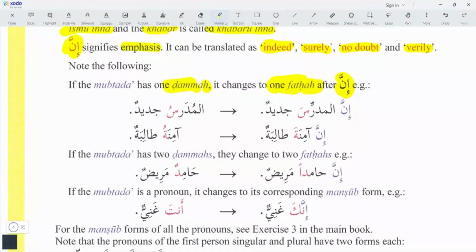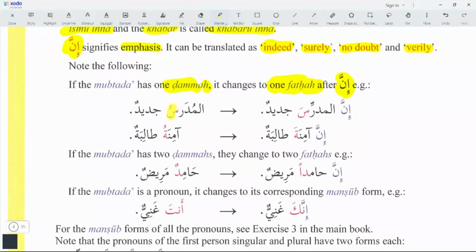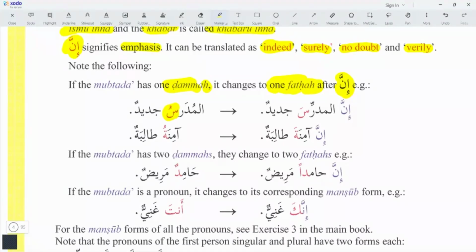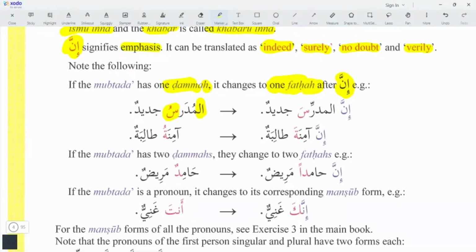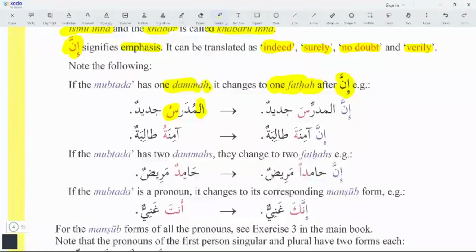Al-mudarrisu, this is a definite noun. Al-mudarrisu, because of the alif lam, it is marfu, and mubtada is mostly marfu. Al-mudarrisu is marfu, and there is a single dhamma at the end. The i'rab of al-mudarrisu is single dhamma.